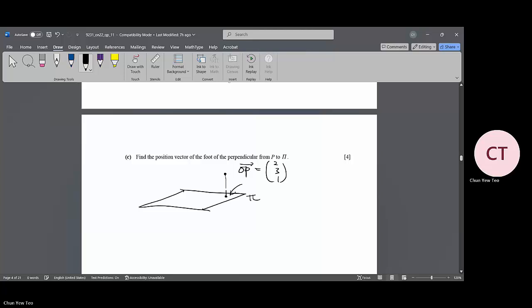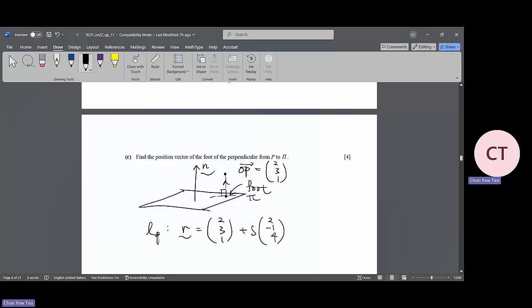This is the foot of the perpendicular from P. So you can see very obviously we need the normal vector. The line that contains P is (2, 3, 1) plus s times the direction, and the direction of this line is parallel to the normal. So the normal will be (2, negative 1, 4).